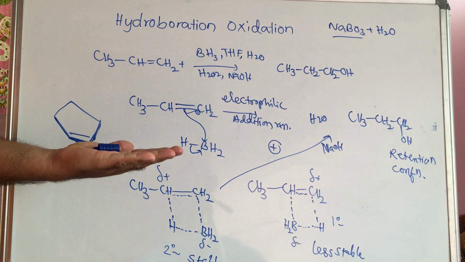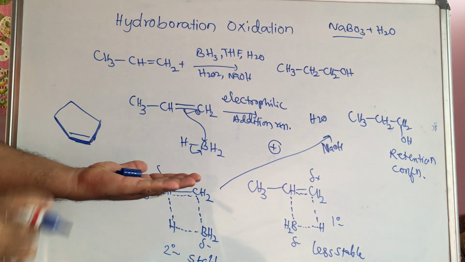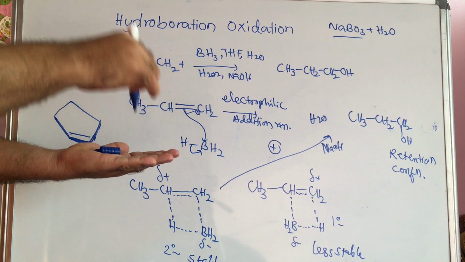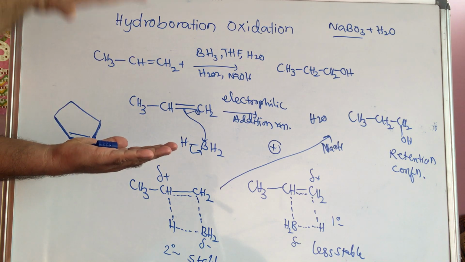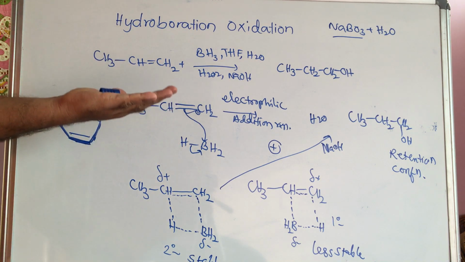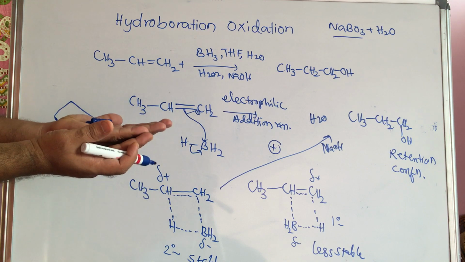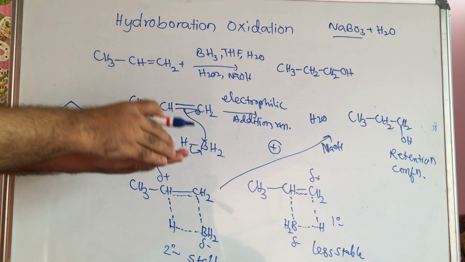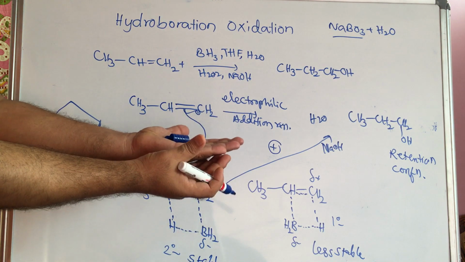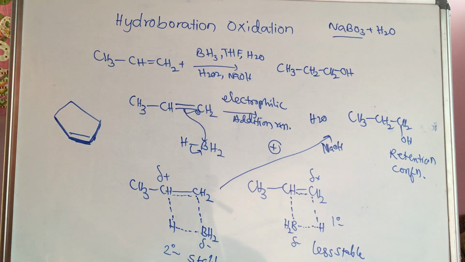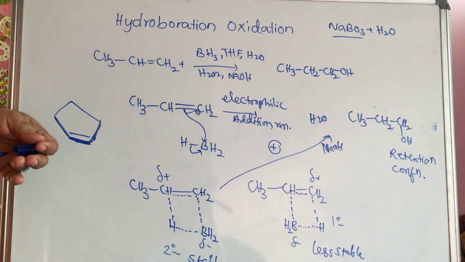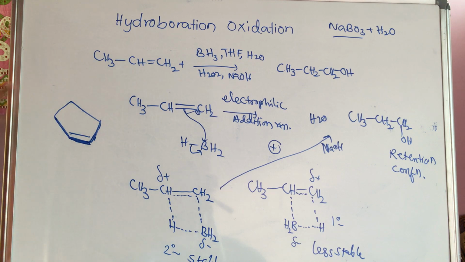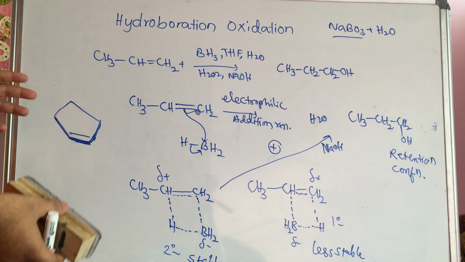Then this is like a planar molecule. If you consider it, H and BH2 will be added to the same side, top or bottom. You can add from the top also, you can add from the bottom also. That is what is called stereoselective. It means in any one of the sides you can add.